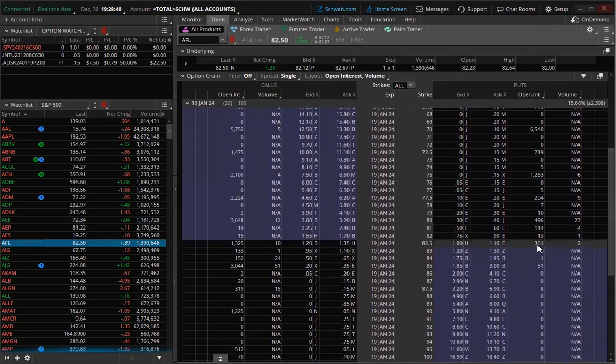Down here, AFLAC. I would think that it's going to go down, and there's $10 between the bid and the ask. Which is good. There's 361 of these put options.